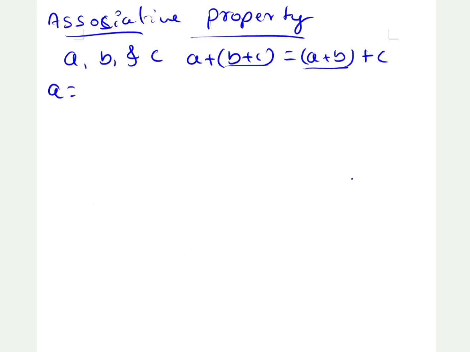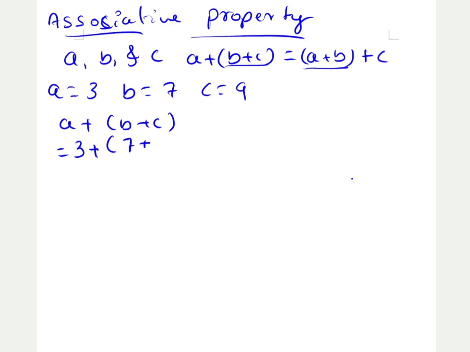Consider here a is equal to 3, b is equal to 7, c is equal to 9. Let us check the left hand side. (a plus b) plus c is equal to (3 plus 7) plus 9. First we have to solve the bracket. 3 plus 7 is 10, plus 9 is 19. So this is the LHS part, the left hand side part.